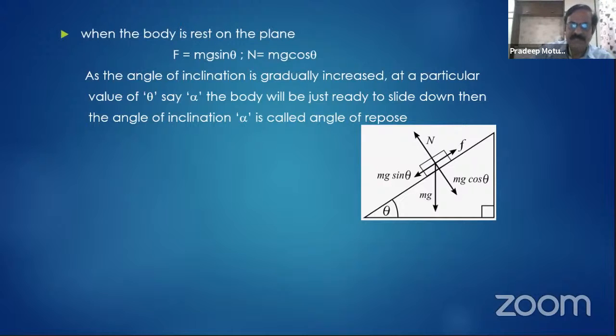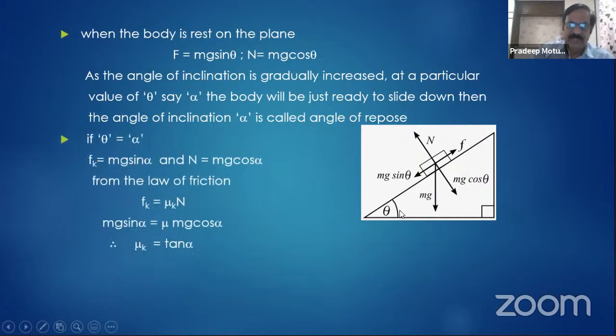If you increase the inclination, the body will be just ready to slide down. Then the angle of inclination is called the angle of repose, represented by the letter alpha.